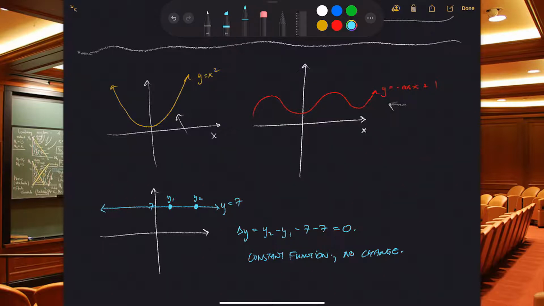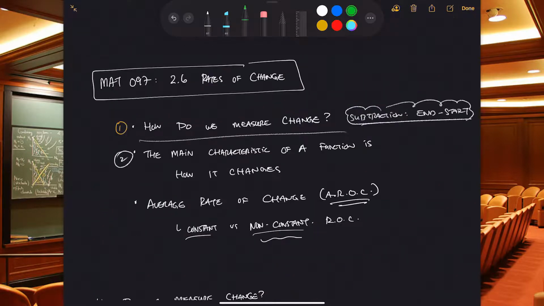But then there's this extra degree of analysis when we want to talk about how fast something's changing. Not just how it changes, but how fast it's changing. So that's where the idea of average rate of change comes in. The average rate of change, or what we call the AROC, comes in two flavors, constant and non-constant.